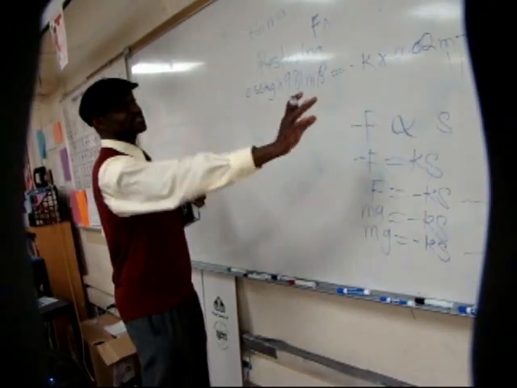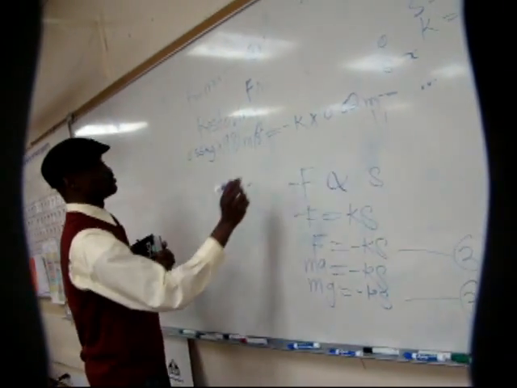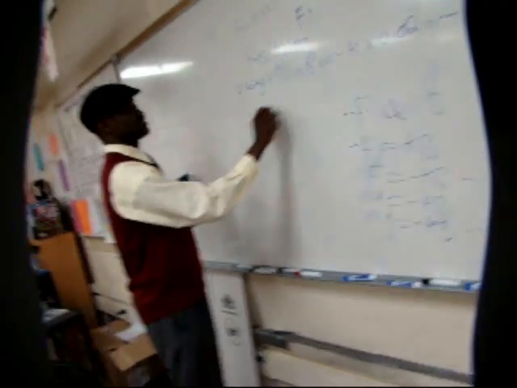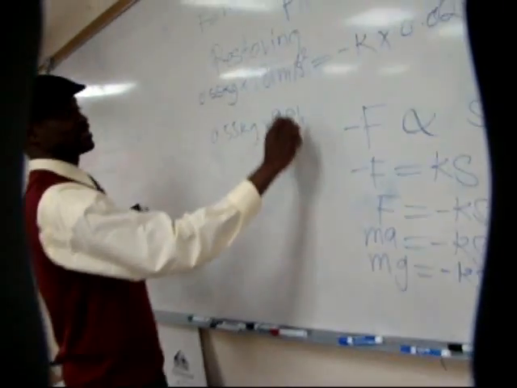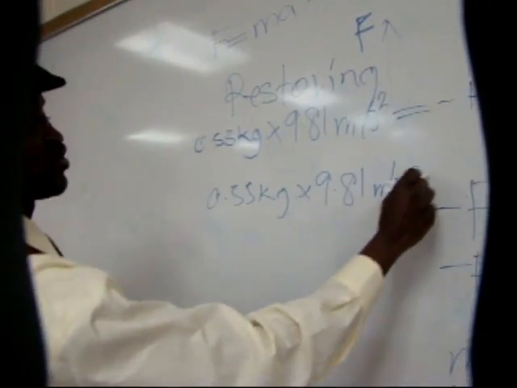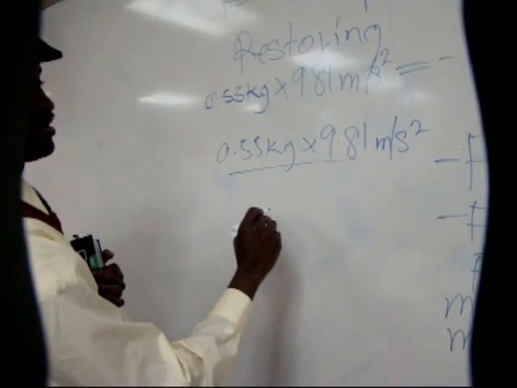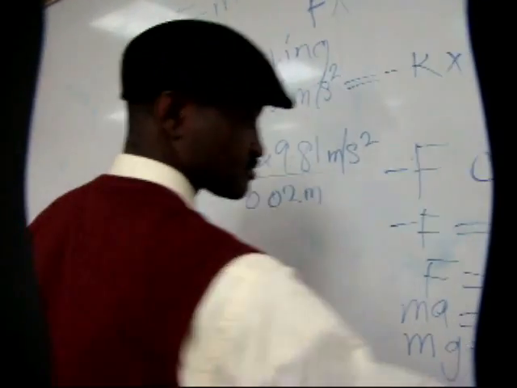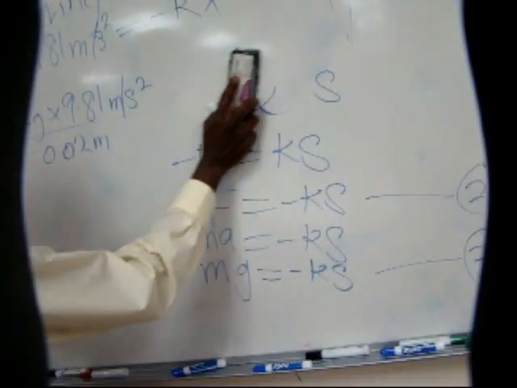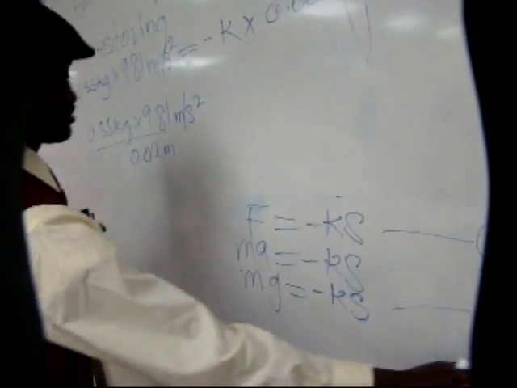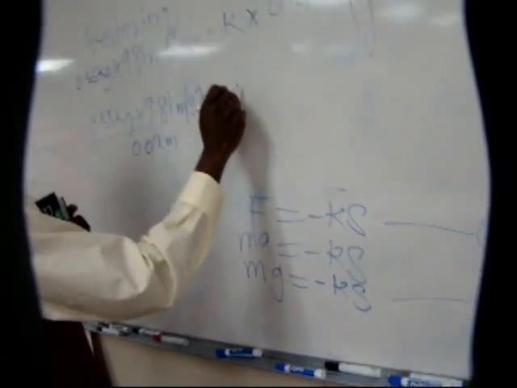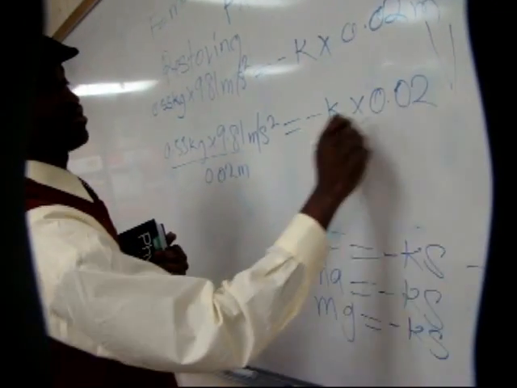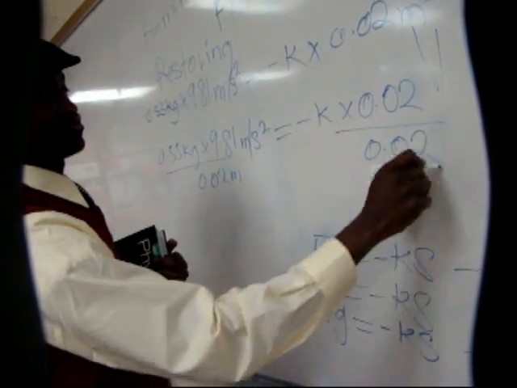So if you divide both sides by 0.02, you are going to have 0.55 kg multiplied by 9.81 m per s squared, all over 0.02 m, equal to minus K multiplied by 0.02 all over 0.02.